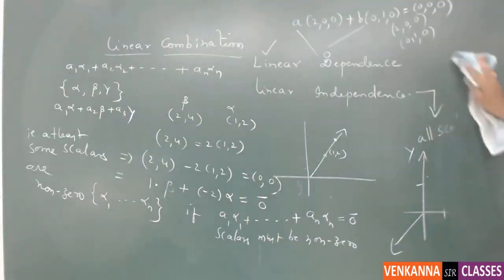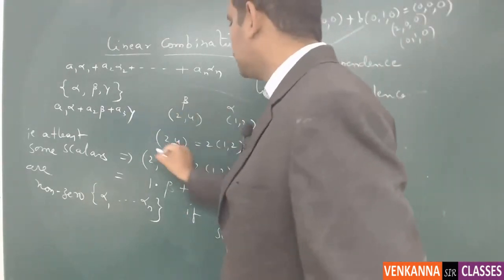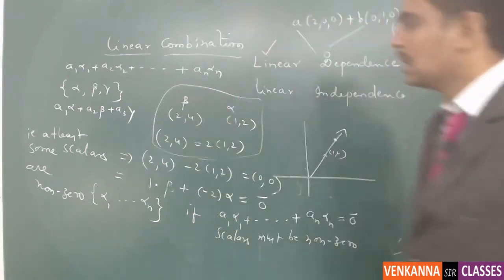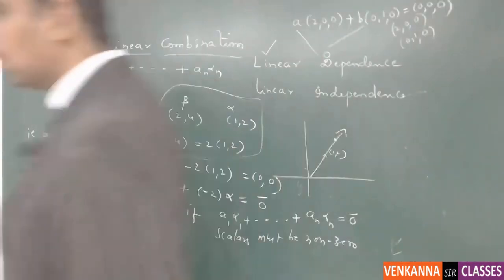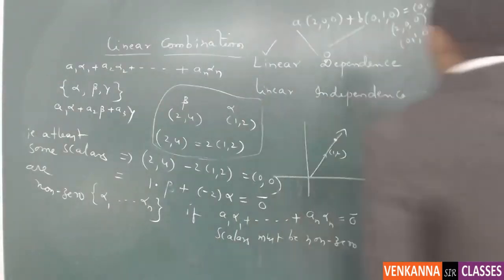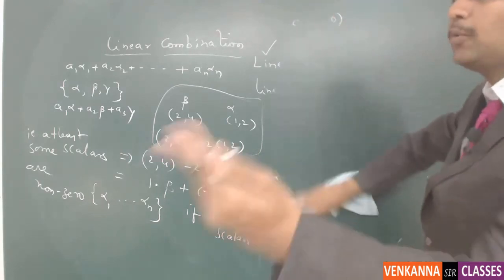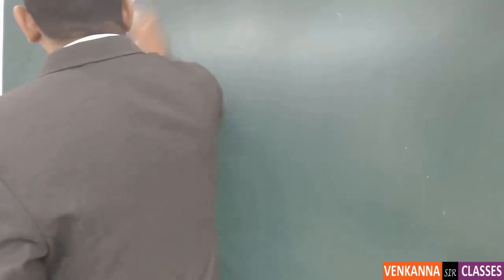From this result also you can observe that whenever you take a set having only two vectors, if you say that the set is linearly dependent, then among the two vectors, one vector is a scalar multiple of the other.